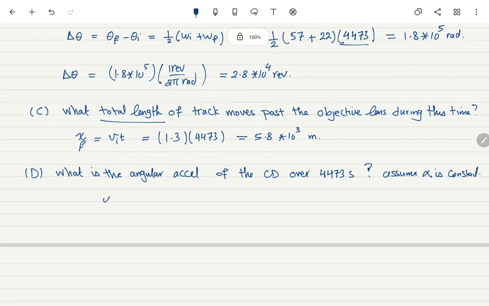Now alpha here equals delta omega over the time interval, so omega final minus omega initial divided by t, which equals 22 rad per second minus 57 rad per second divided by 4,473 seconds, which equals minus 7.8 times 10 to the power minus 3 rad per second squared, which means the disk experiences a very gradual decrease in its rotational rate as expected.